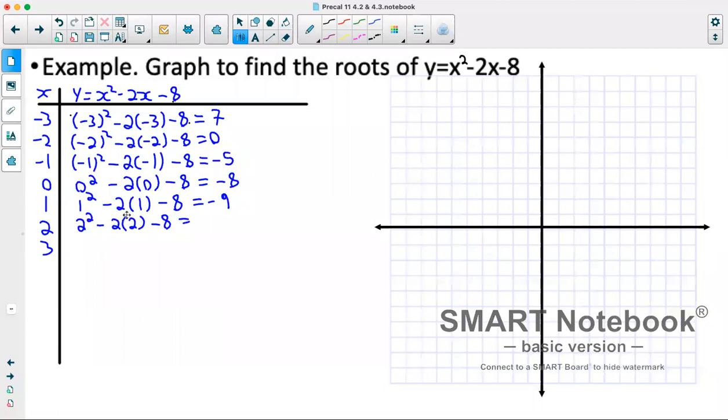Minus 4 is 0. Minus 8 is -8. Next, we have 3. So 3 squared minus 2 times 3 minus 8. 3 squared is 9. Minus 2 times 3 would be 6. So 9 minus 6 is 3. Minus 8 is -5. So far, we'll graph what we have and see if we need to do more terms.